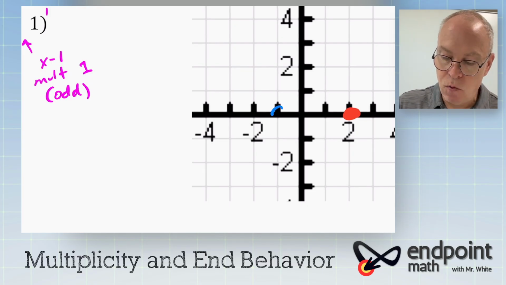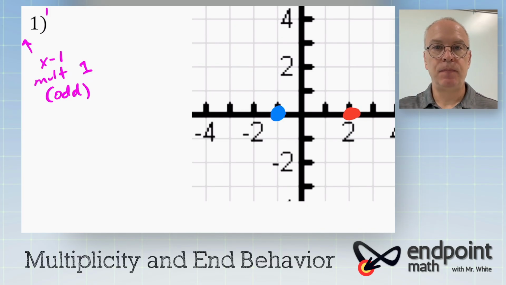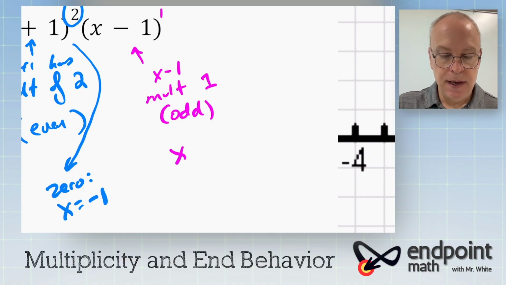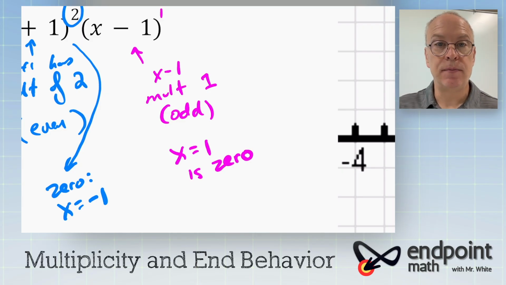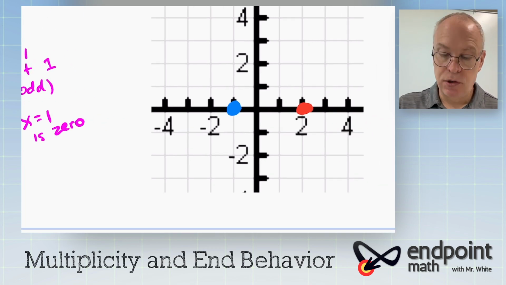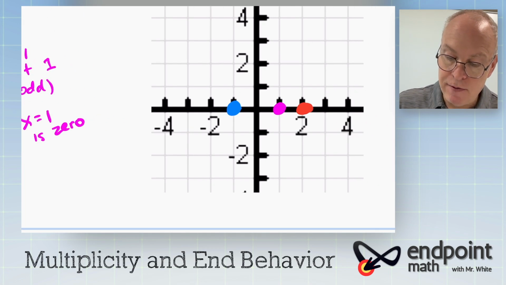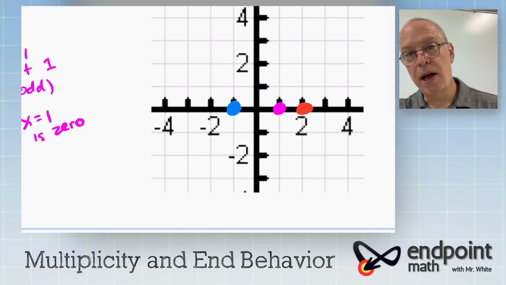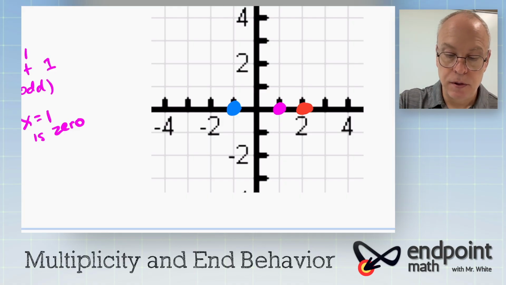So I go to -1 and I put a big fat dot there. Easy enough. And then my fuchsia one here, x equals 1 is a 0 or an x-intercept, right? It's when the function would spit out 0. So we'll go over here to 1 and we'll put a big fat dot.